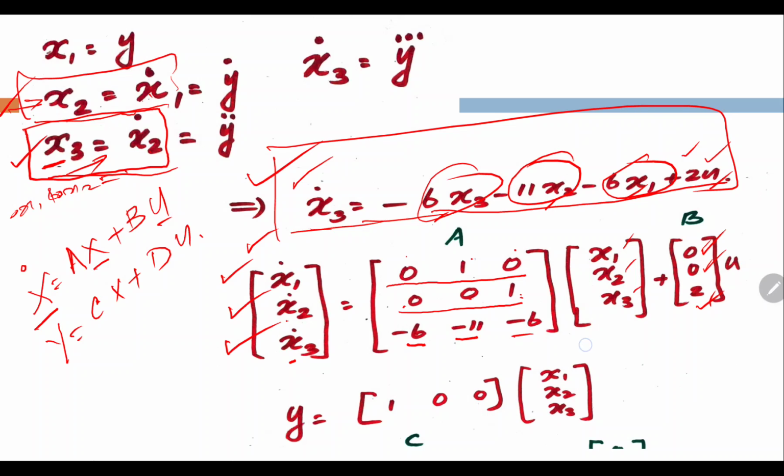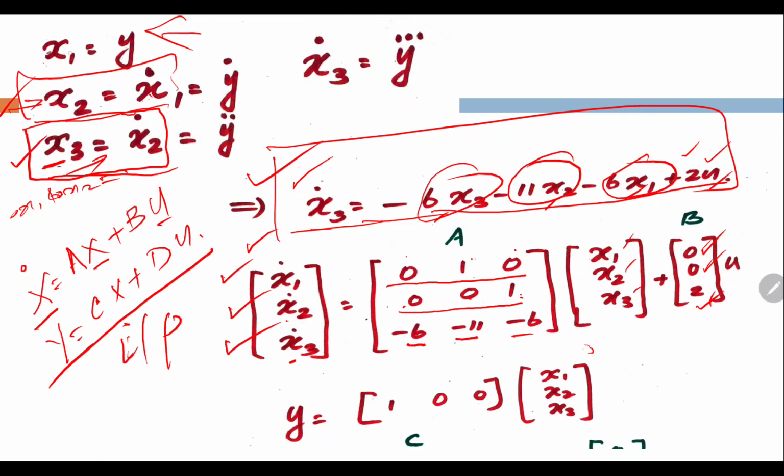And similarly this is called the input equation, and the output equation is y is equal to Cx plus Du. Here the output is purely dependent on the state variable x1, and the coefficients of x2 and x3 are 0.